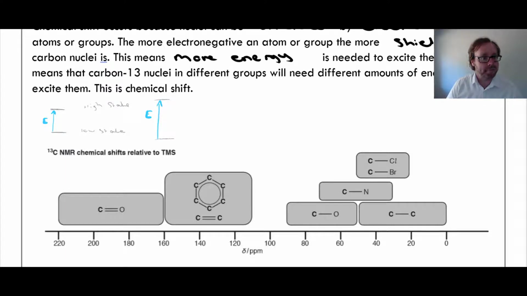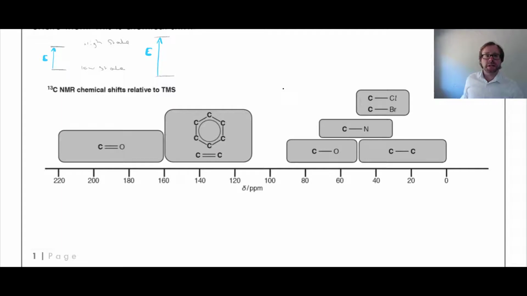And this means that we get these tables. Now I've taken this from the OCR chemistry syllabus, but you might see different tables depending on what syllabus you're doing, but the values should be very similar. So we can see that the C double bond O has oxygen, which is electronegative, and we've got a double bond, so there's a lot of electron density surrounding my carbon nuclei, therefore it requires lots more energy to get this carbon nuclei promoted.